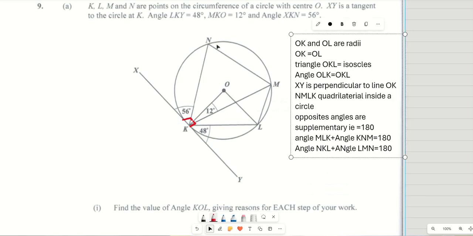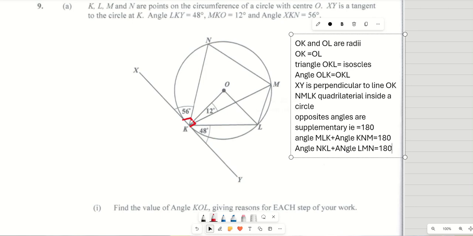Angle NML, that means angle M here is opposite angle K. That means angle LKN. So this angle here and this angle here would sum up to 180. And then MLK, that is this angle here, and KNM, that is this angle here, are opposite each other, so they are also supplementary, i.e. equal to 180 when you add them up.